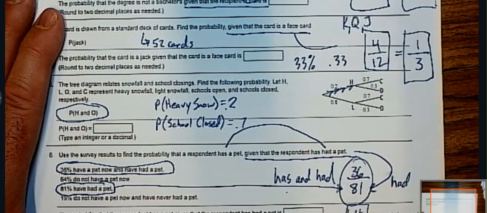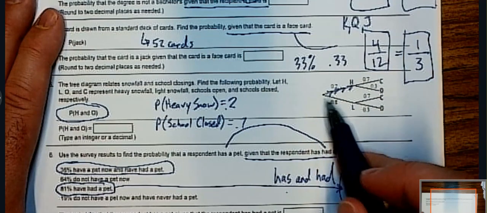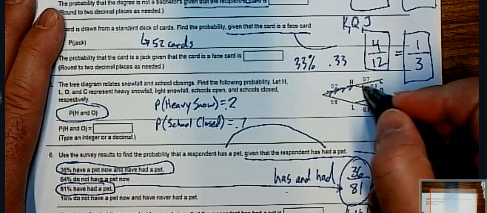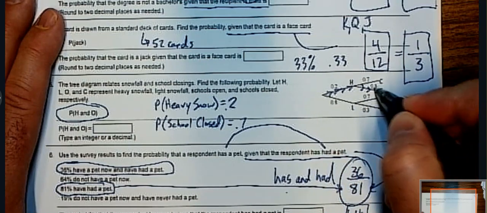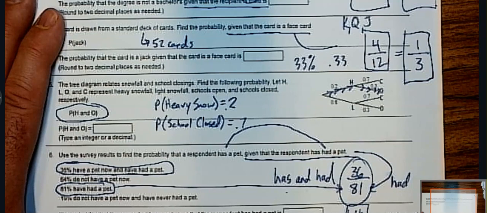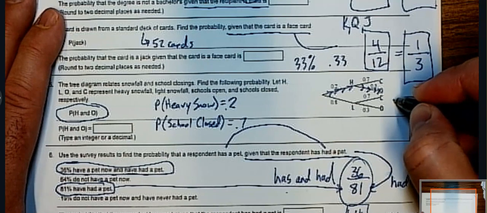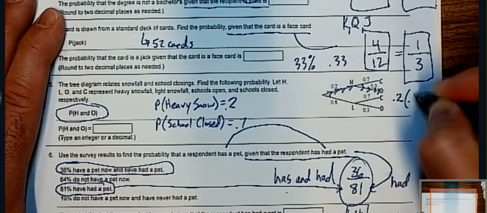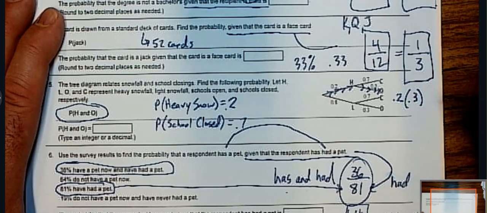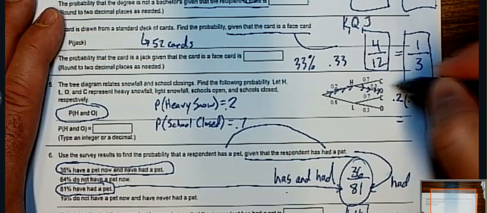Okay, so that means I'm following the heavy snow branch followed by following the open. This means I need to multiply 0.2 times 0.3. What is 0.2 times 0.3?